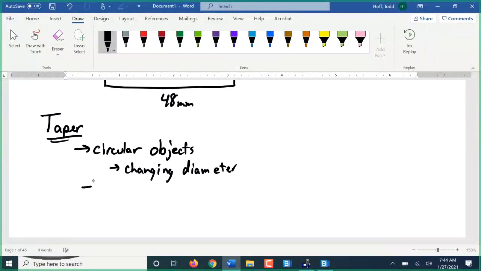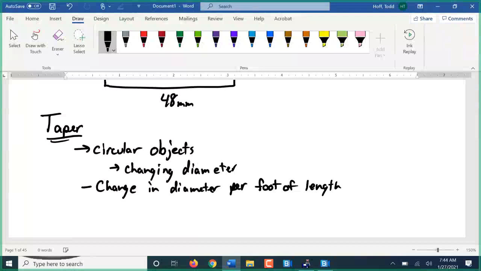What it measures is the change in diameter per foot of length. Units for a taper is typically inches per foot, with the change in diameter in inches per foot of length.